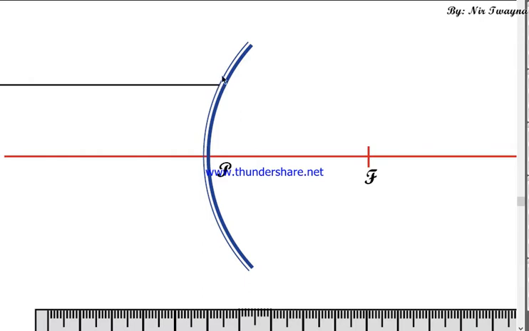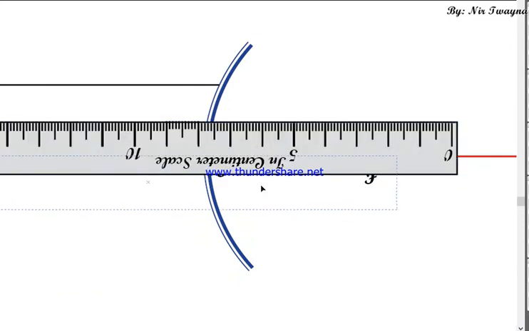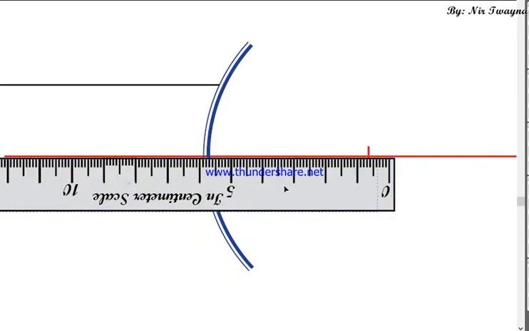If we exactly measure the angles and draw, then by back tracing the ray, you will find that the light ray actually passes through focus. So in this case, you need to manage your scale like this.